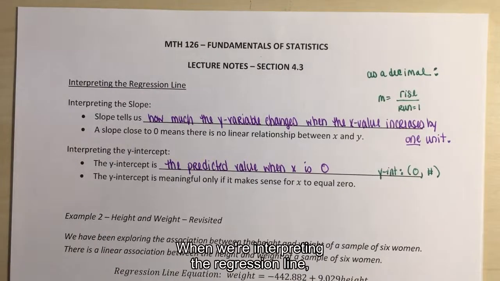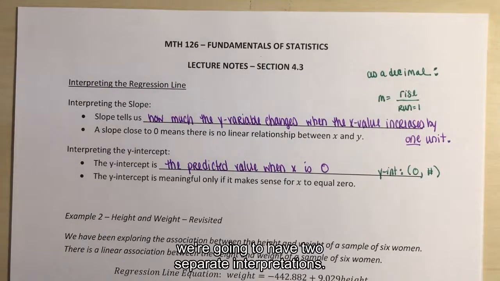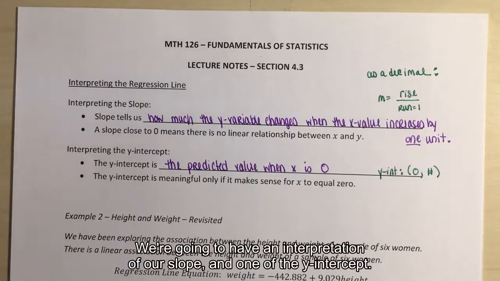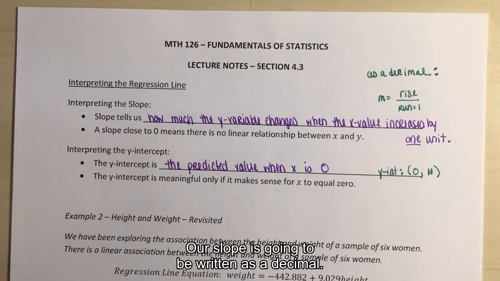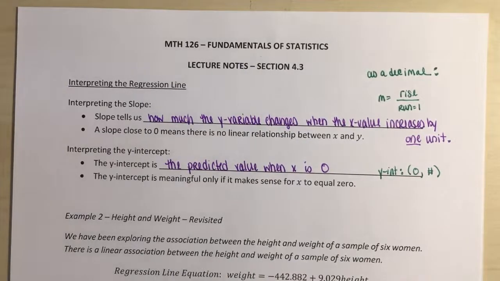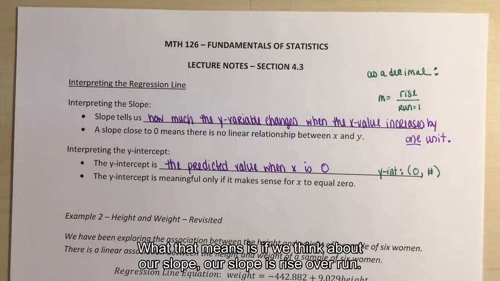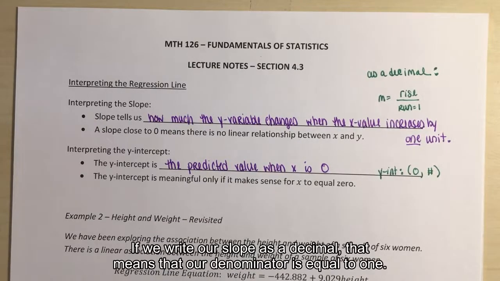So when we're interpreting the regression line, we're going to have two separate interpretations. We're going to have an interpretation of our slope and one of the y-intercept. All right, so our slope is going to be written as a decimal. What that means is, if we think about our slope as rise over run, and we write our slope as a decimal, then our denominator is equal to 1.